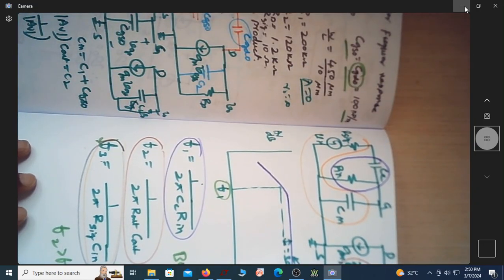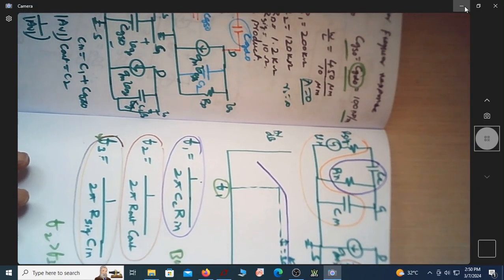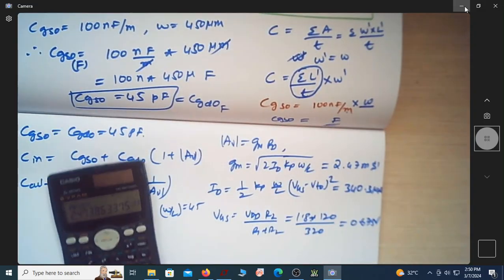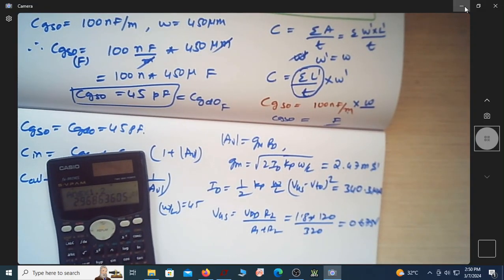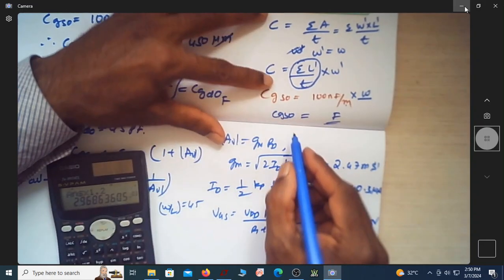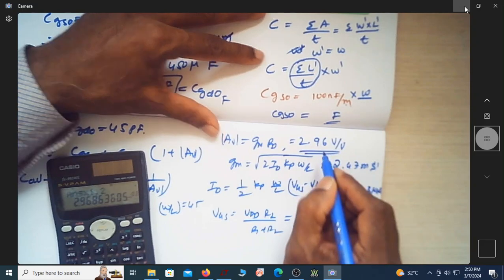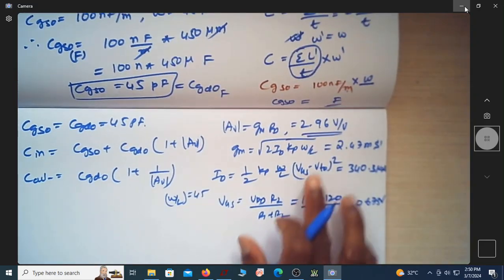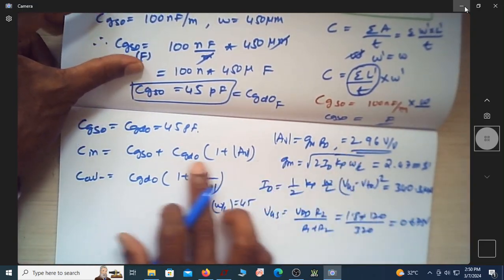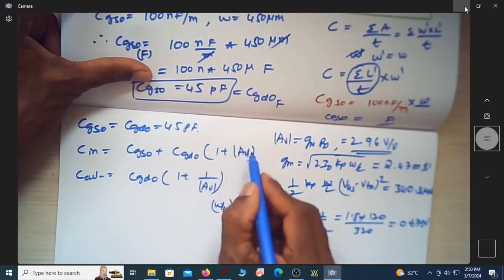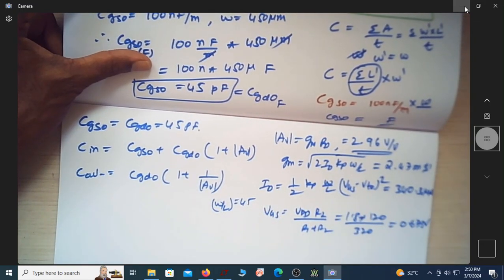RD is actually 1.2 K. So this into 1.2 K is now 2.96 volt per volt, the gain magnitude. So with this 2.96 as the gain, we will get C input.